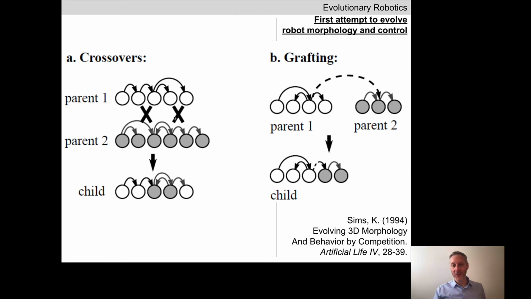Once these x's have been placed, we can create a child by starting with one of the parents. Let's start with parent 1. We visit the first node. We copy that node into the child. If there are any outgoing edges from parent 1, we copy those outgoing edges into the child. And we keep marching from left to right, copying nodes and outgoing edges into the child until we reach a crossover point.